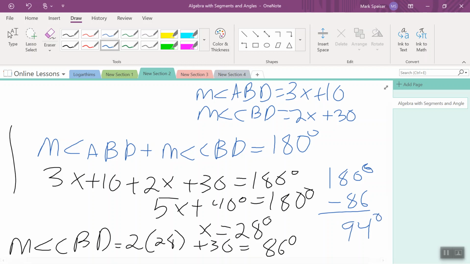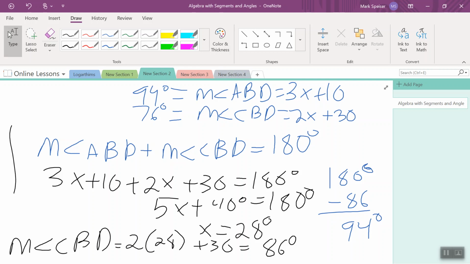That won't be right by itself because you have to actually label the answer. So in this case, measure of ABD is 94 degrees. Measure of CBD, 86 degrees. Really, you should make sure that both of these together add up to 180, which they do. Works out. And that's your right answer.